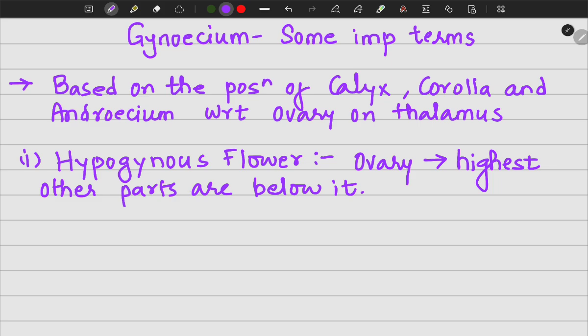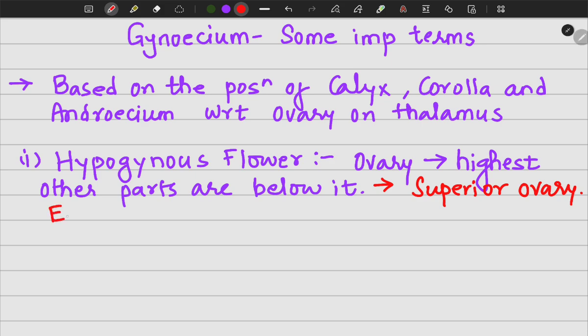Such kind of flowers are called hypogynous flower, and the ovary in such flowers is called superior ovary. Is it clear? In a hypogynous flower, the ovary will be at the top, at the highest position, while the other parts will be below it.